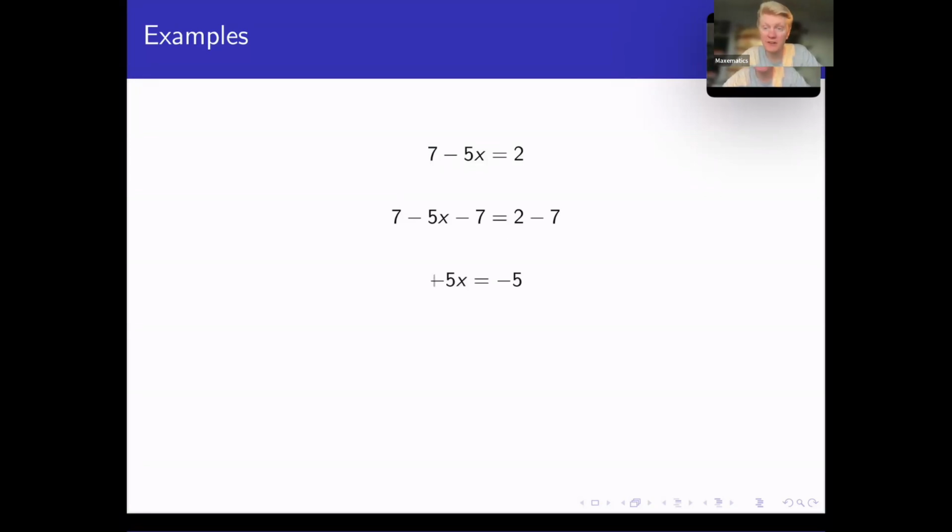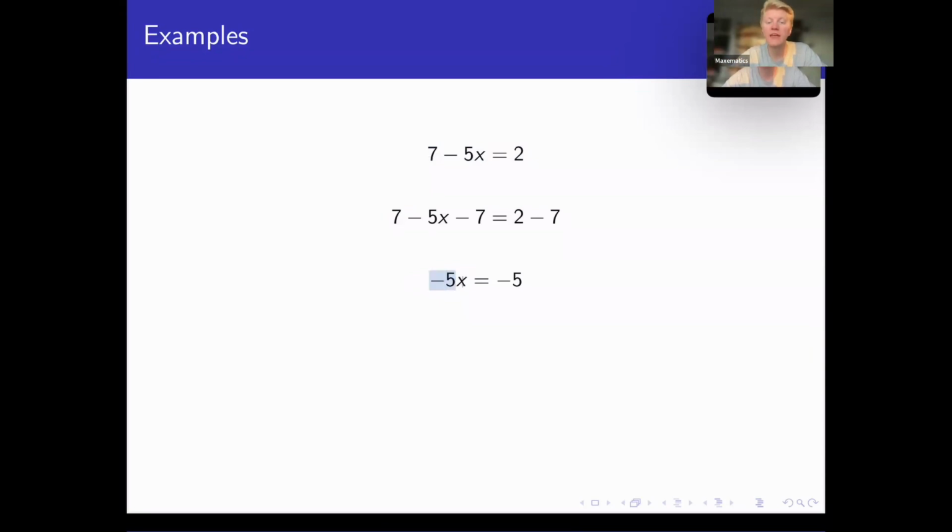And now be very careful, because what you want to do is see minus 5 and go, oh, minus 5, let me add 5 to both sides. But that's not what we want to do. Don't forget that this is minus 5 times x. Before, we had 7 minus 5x. This 7 was not multiplied or divided. It was being added or subtracted. So we subtracted 7.